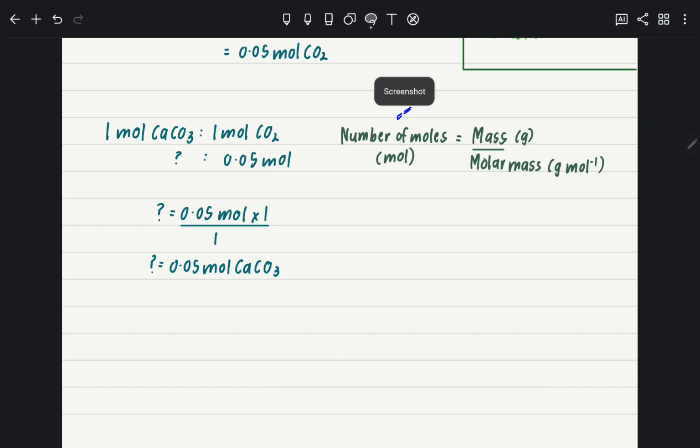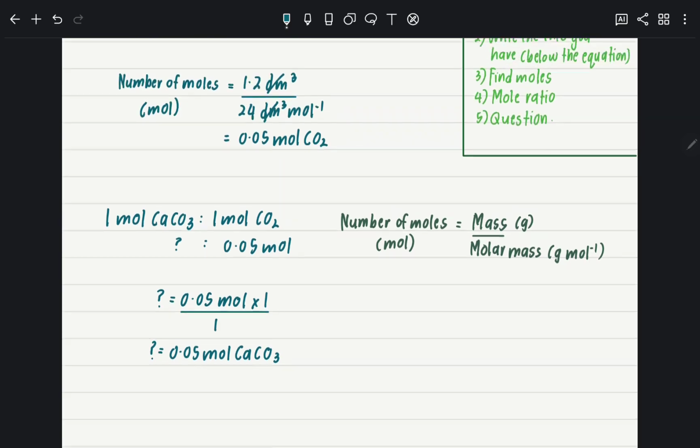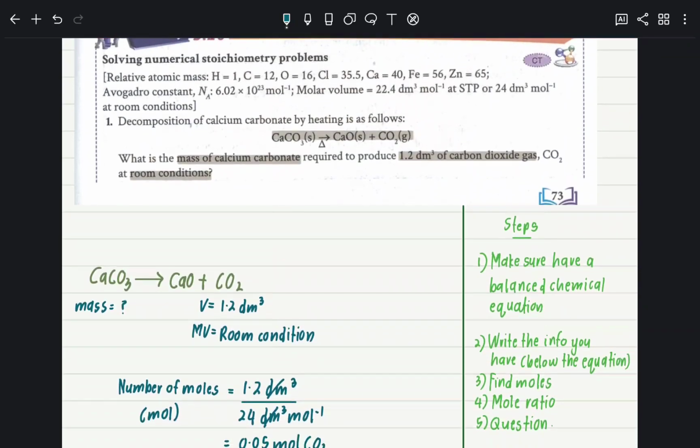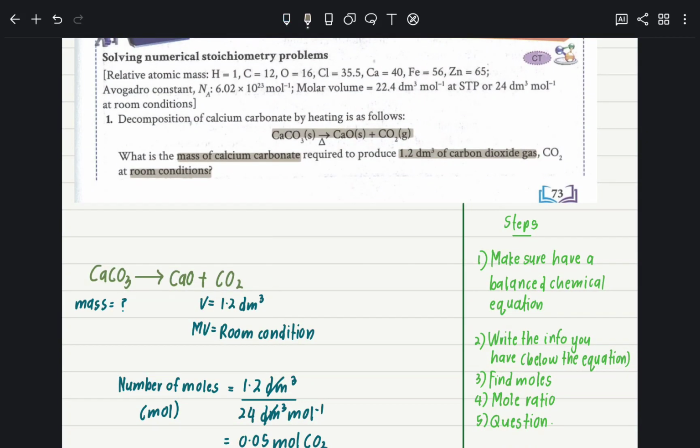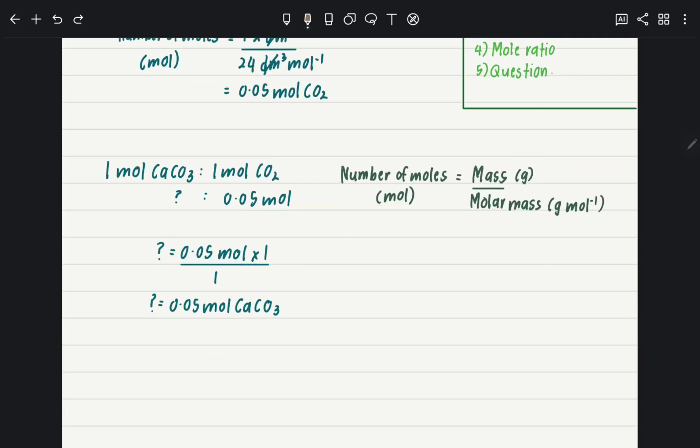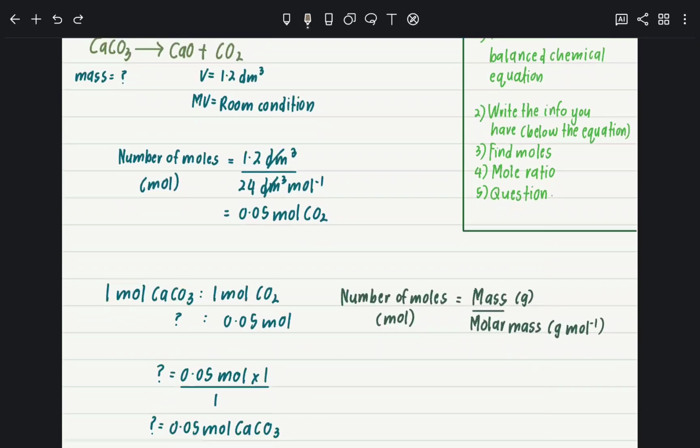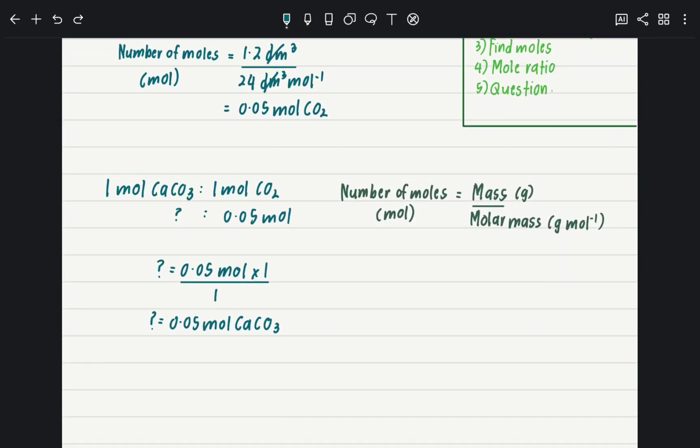I already have the number of moles for sure. Then I want to find mass, so I need molar mass. Do I have molar mass? Not yet, but I can find it based on the relative atomic mass values. Okay, so I know CaCO3, right? So Ca, how to do the calculation? Okay, just proceed.